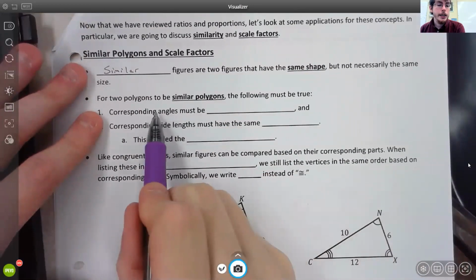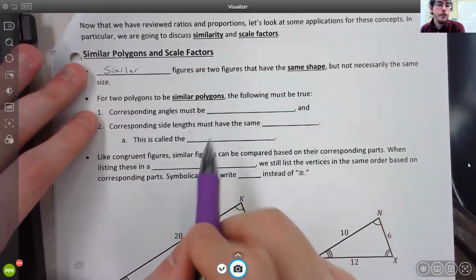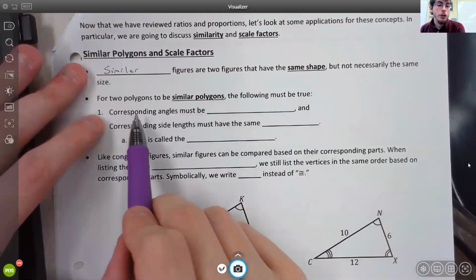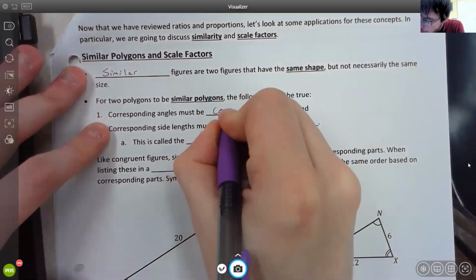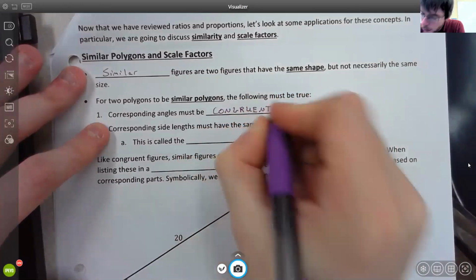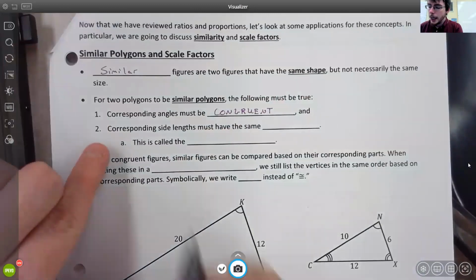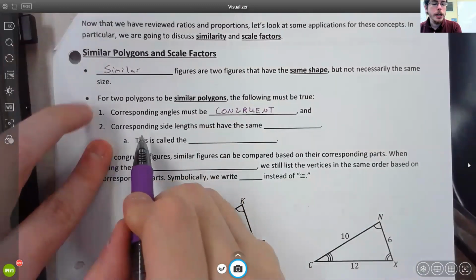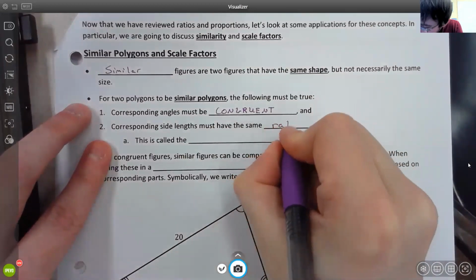For two polygons to be similar polygons, the following must be true. Number one, corresponding angles must be congruent. And number two, corresponding side lengths must have the same ratio.